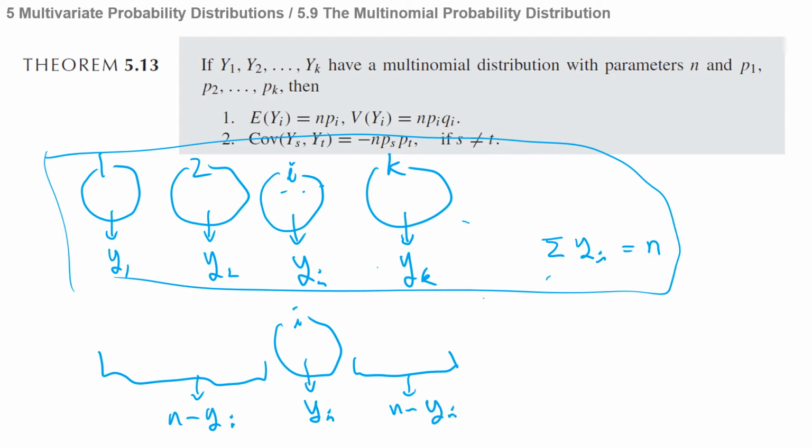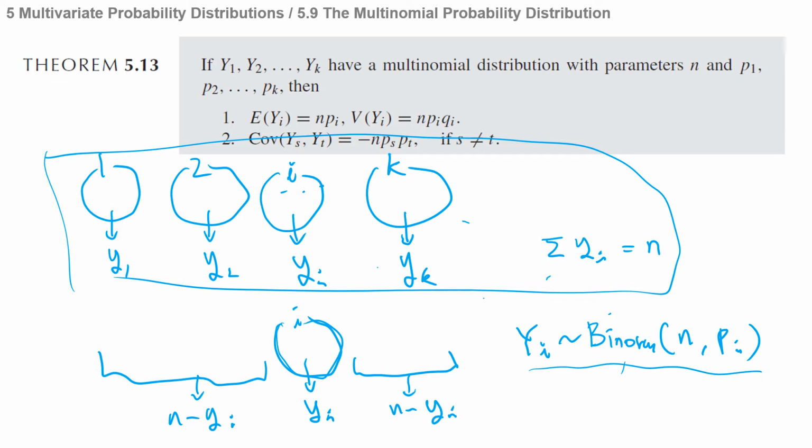So let's consider this situation. Let's just focus on the ith cell. Then we can think of Yi as following a binomial distribution. The situation is like whether we are picking the item from the ith cell or picking the item from the others. So each Yi can be described as binomial with parameters n and pi.